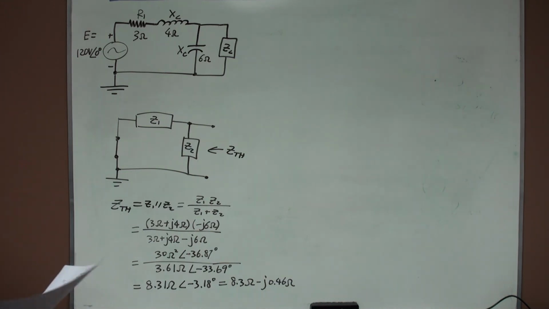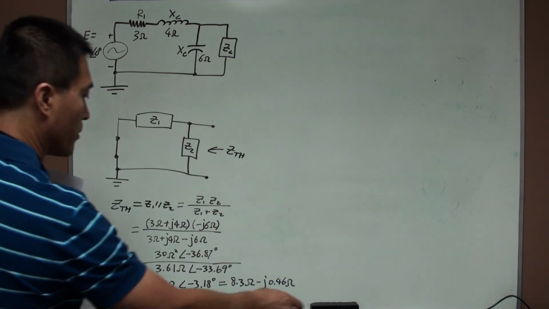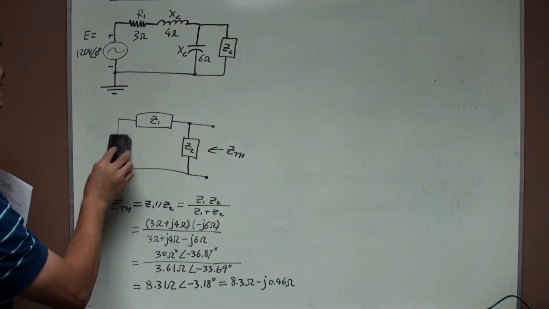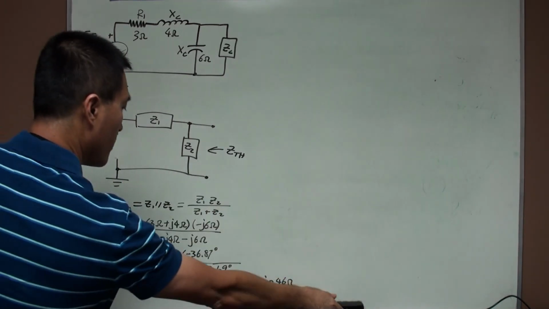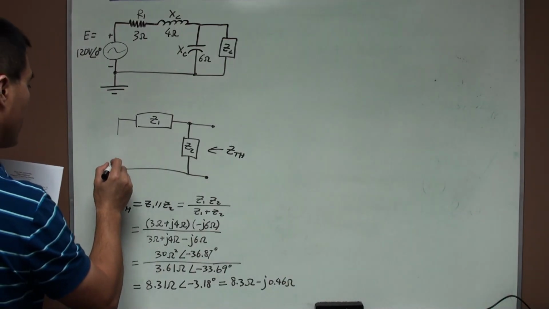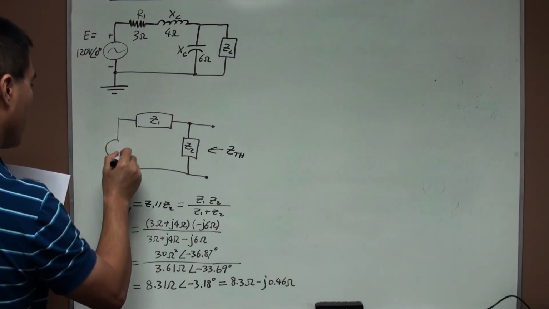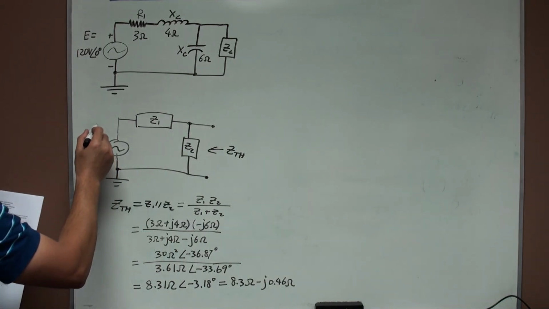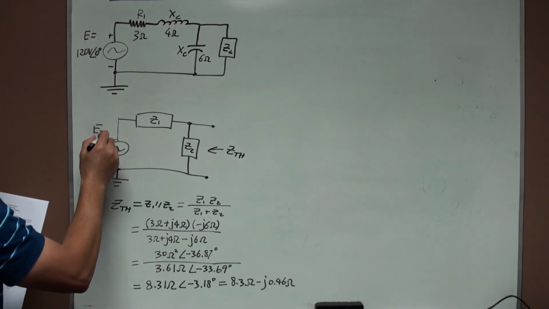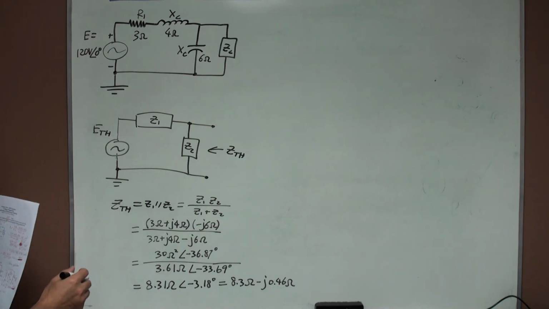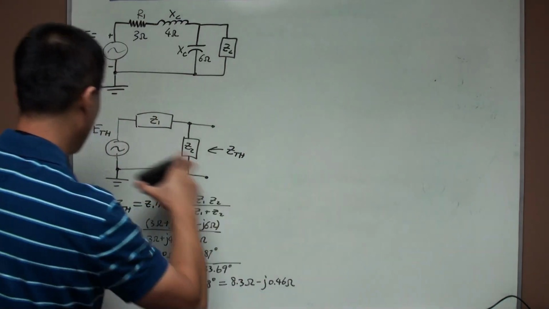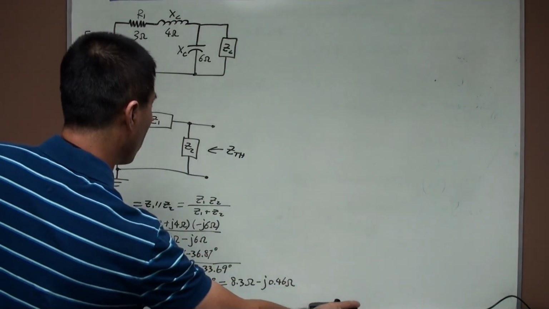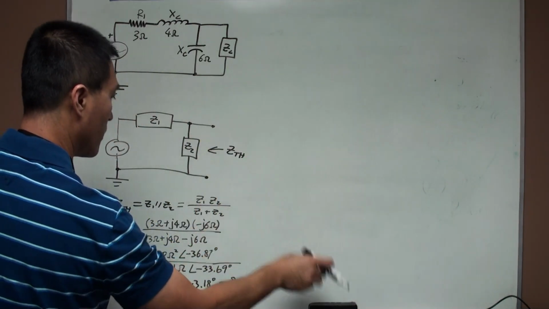And once we find it, we want to replace the voltage source back and find out this ETH. This is E, and we want to find the ETH here.